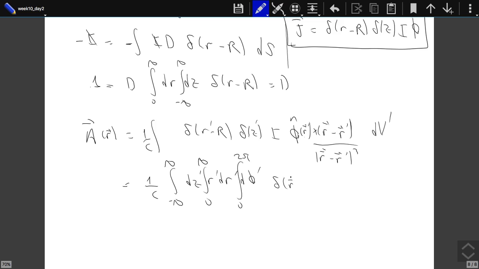Dirac delta of r prime minus R, Dirac delta of z prime, I phi at the point r prime cross r minus r prime divided by r minus r prime magnitude cubed.